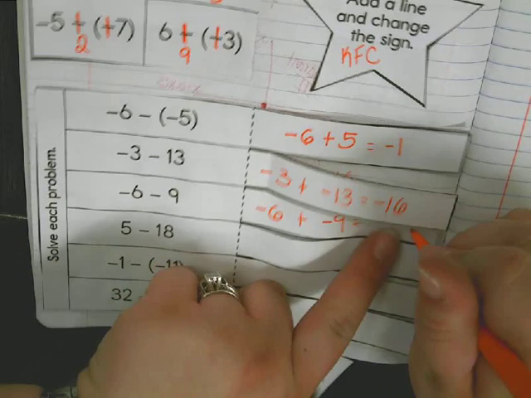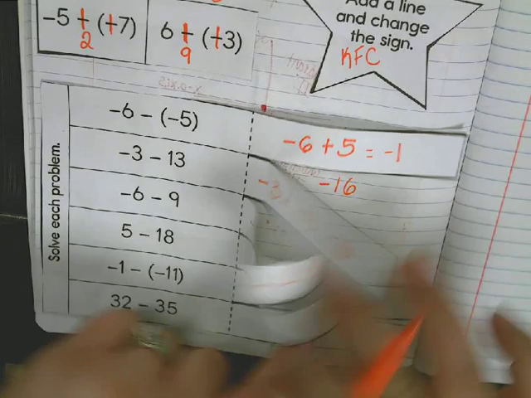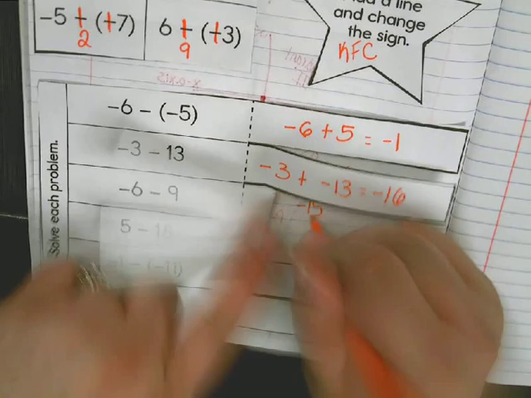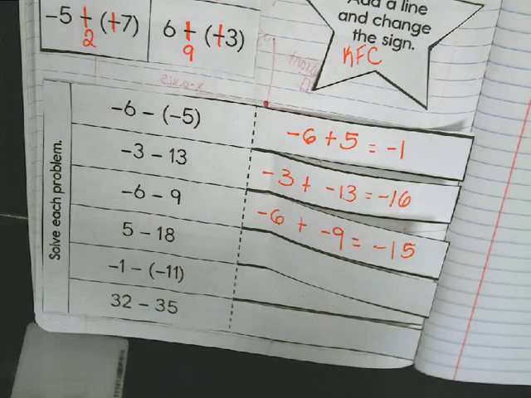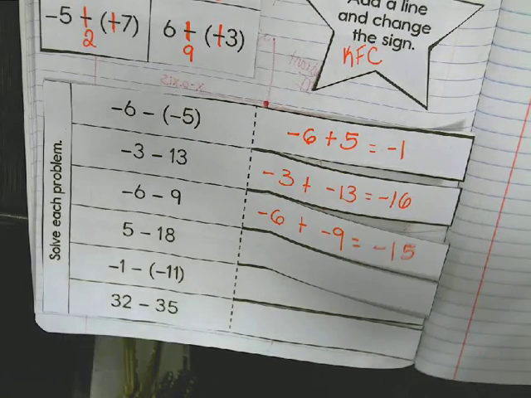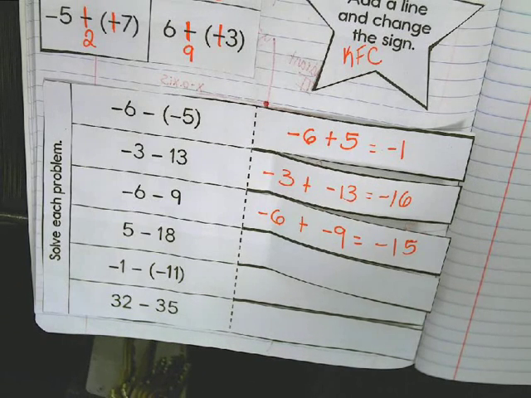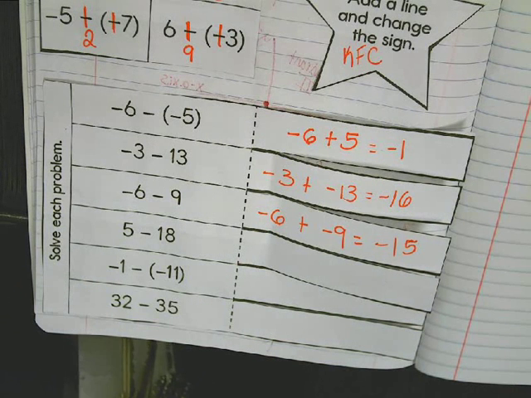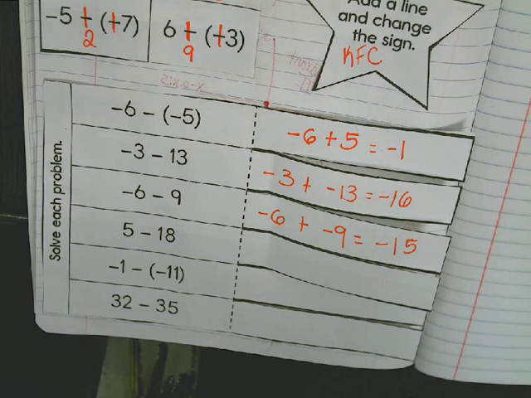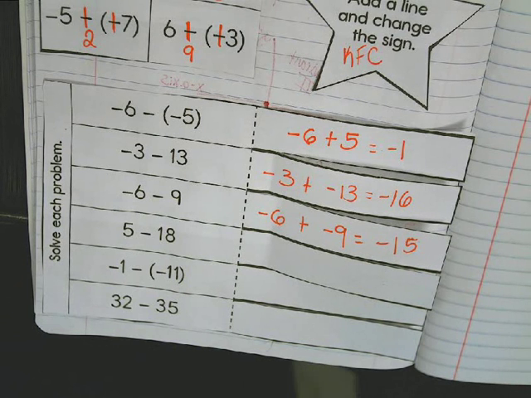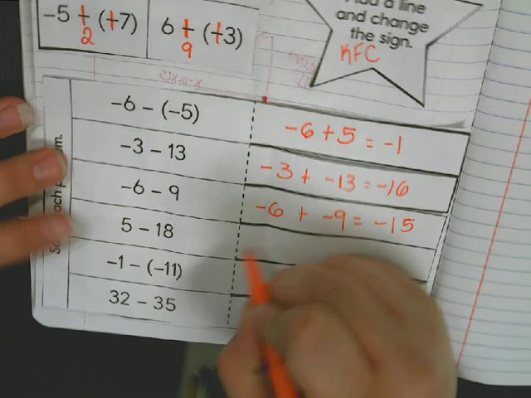Charles, come here. 5 minus 18. Good. Which gives you what?